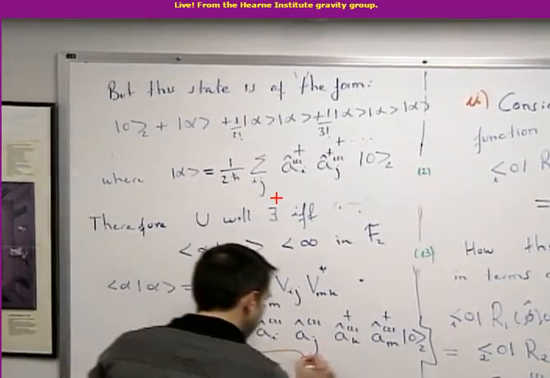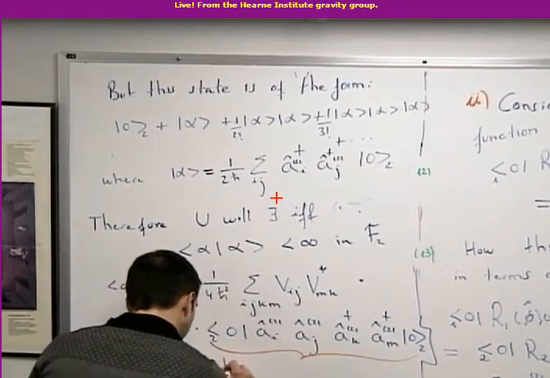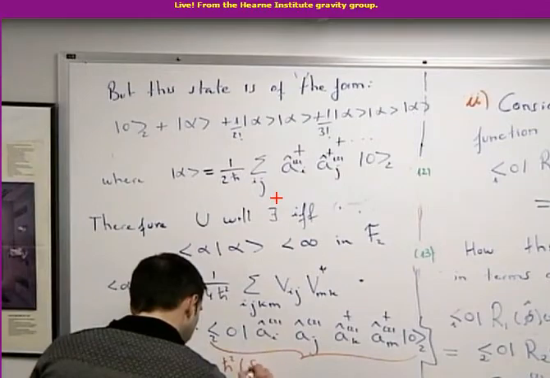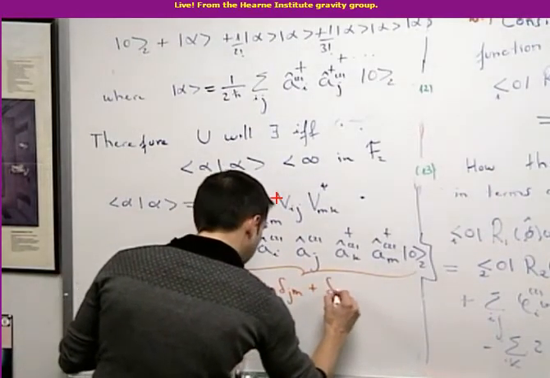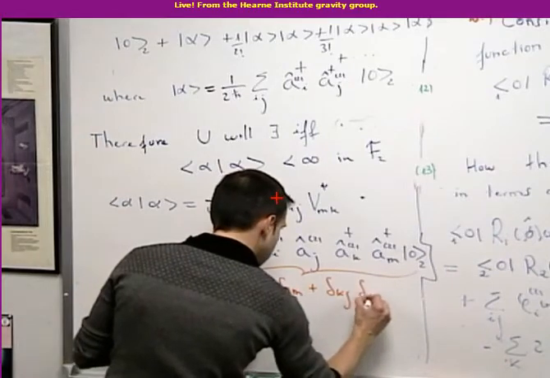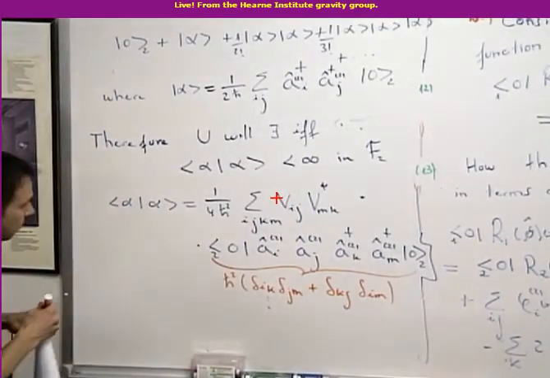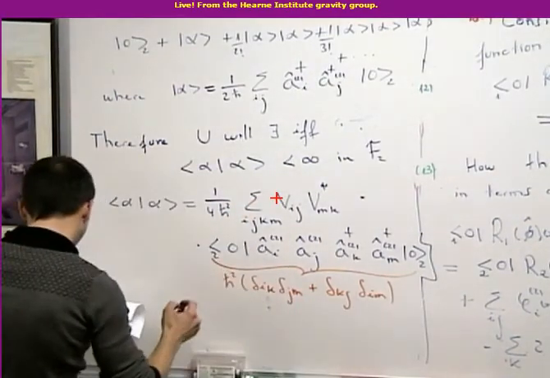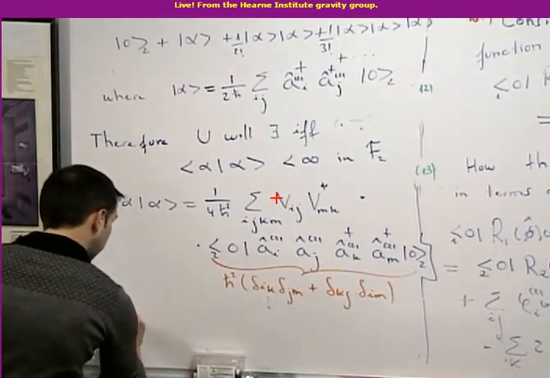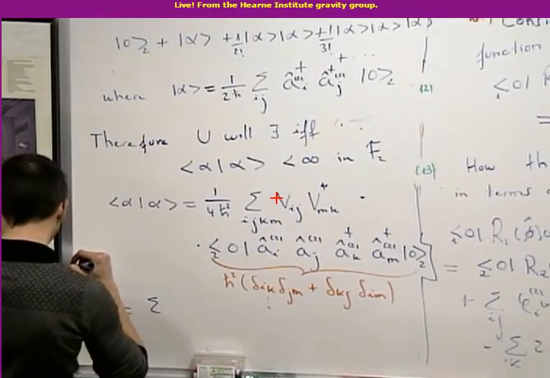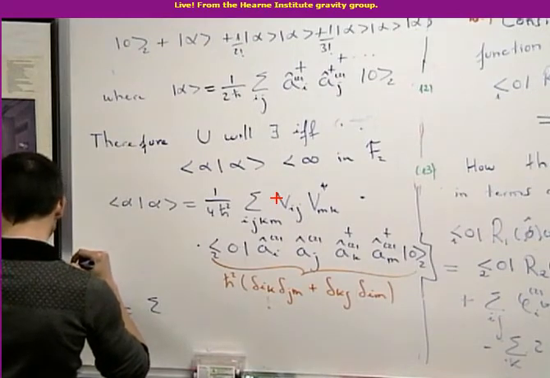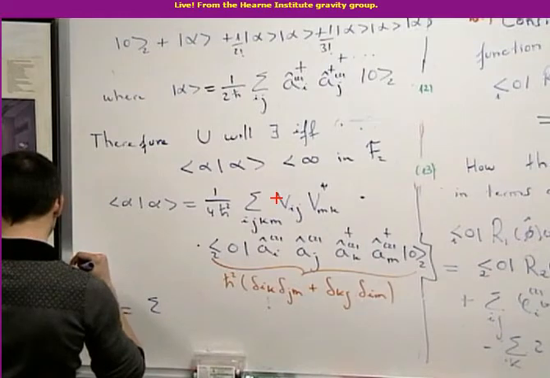Now you can compute yourself that this is h bar squared delta ij delta ik plus delta kj delta im. So this is equal... Probably forgot 4 somewhere. No, the 4 is included.